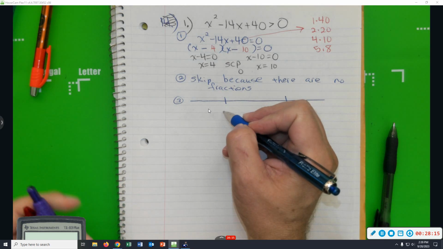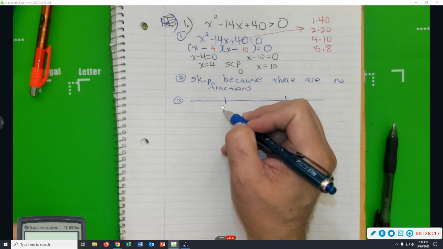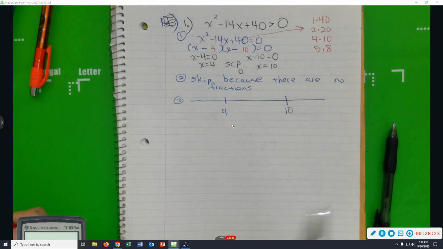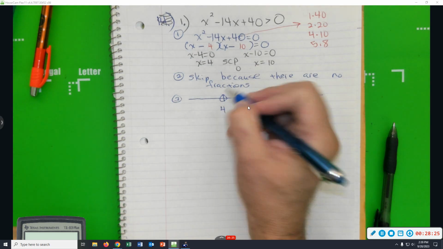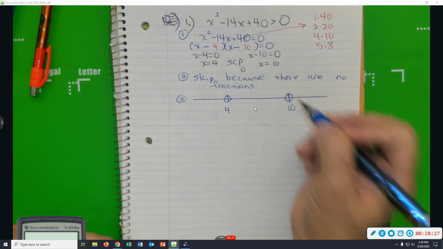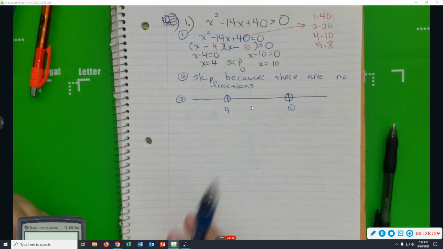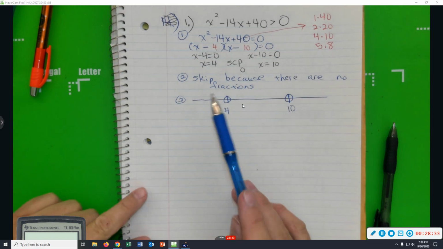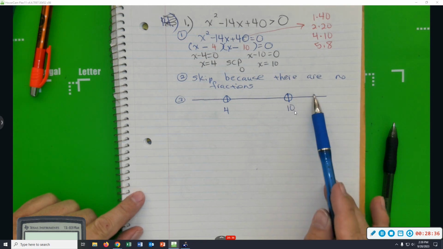This one here. The first cut point, 4. And notice, we said they'd be open. Notice, when I choose my test value, I don't label that test value on the number line.